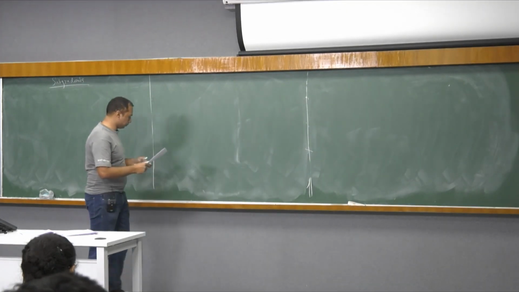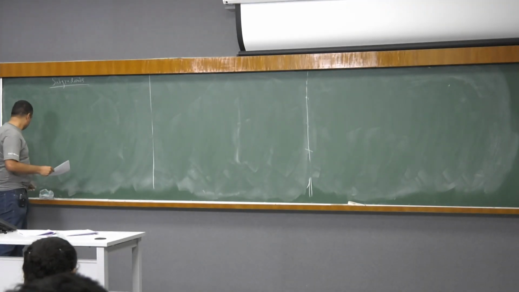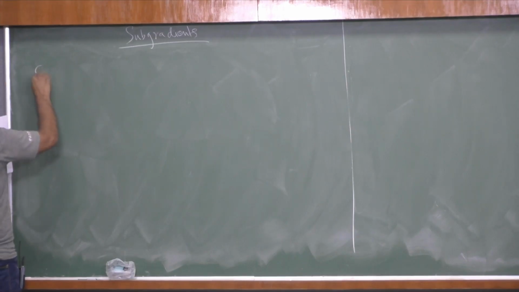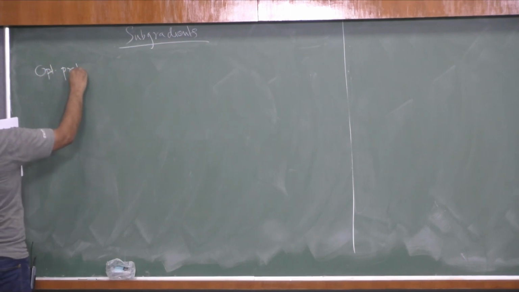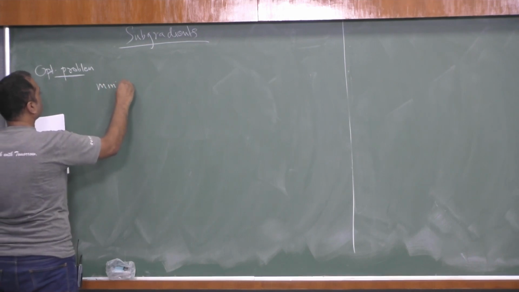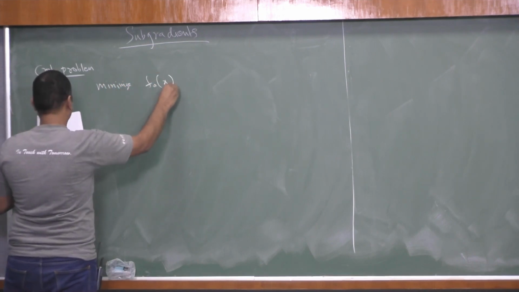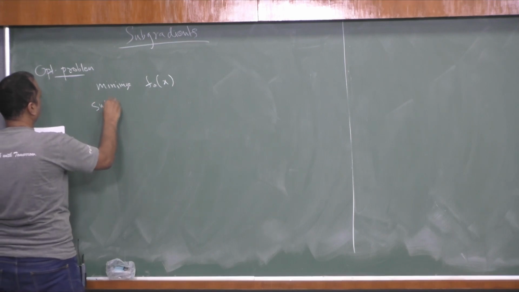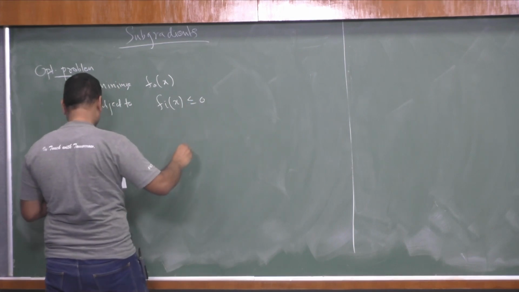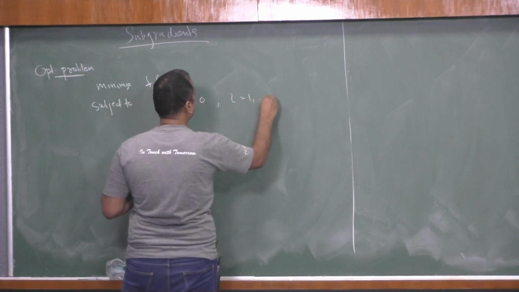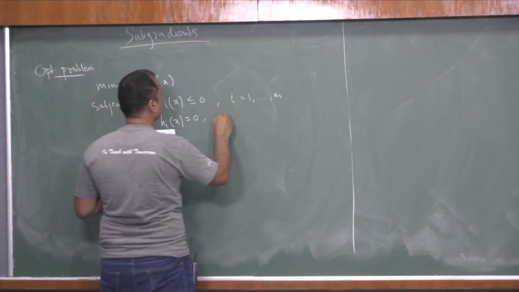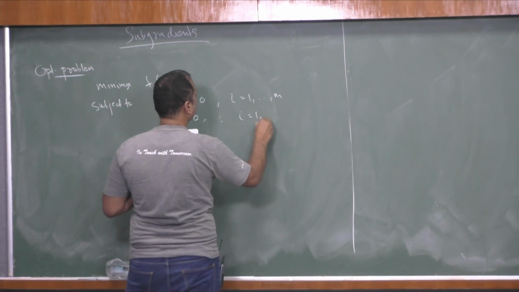Okay, so given an optimization problem, let us look at an optimization problem of a generic form given by: minimize f naught x subject to, so inequality constraints are there, f i x less than or equal to 0 for i equals 1 to m, and h i x equals 0 for i equals 1 to p.